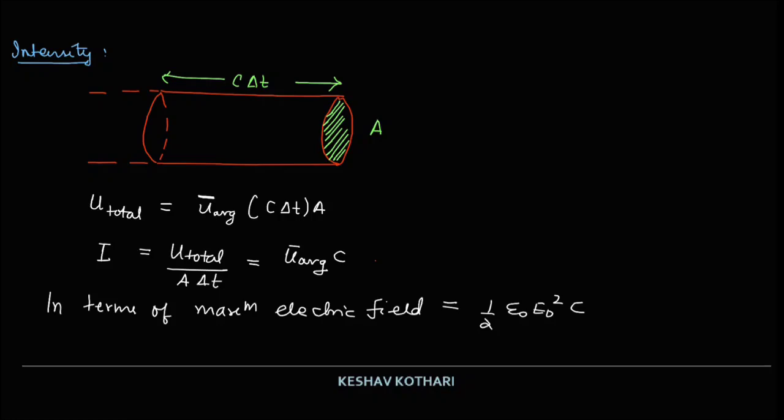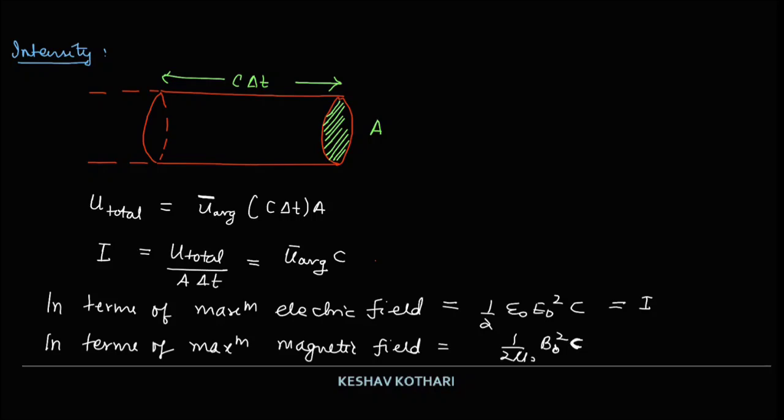Or in terms of maximum magnetic field, this value is reduced to 1 by 2 mu naught B naught square c. So this is the value of intensity I, which we have calculated for the electromagnetic wave.